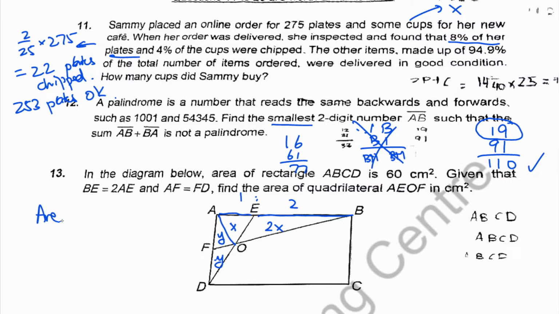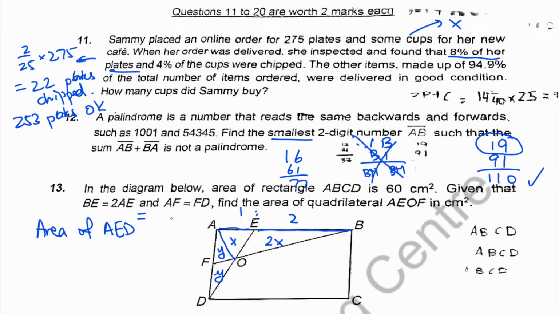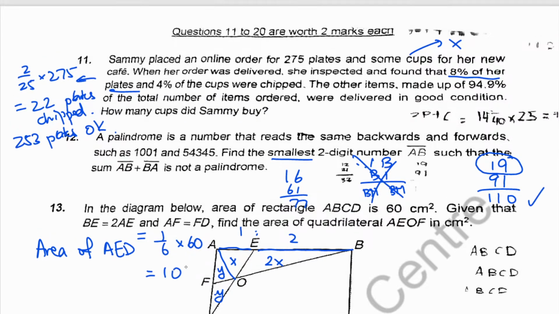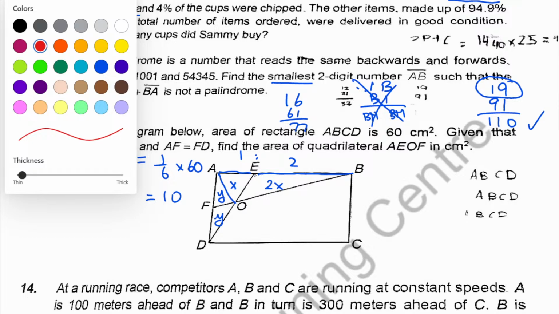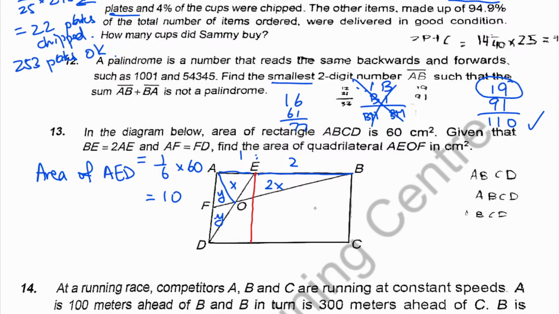the area of AED is equal to 1/6 times 60, which is equal to 10. Why 1/6? It's because if, let's say you draw this line, right?